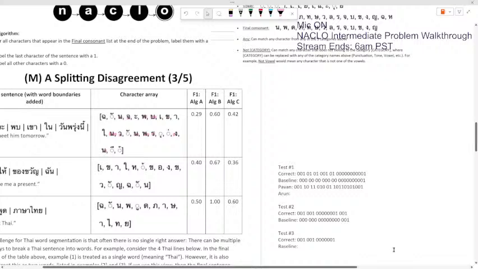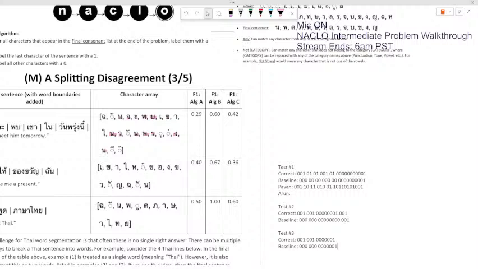One, two, three, 4, 5, 6, 7. Awesome. Okay, we got baseline.